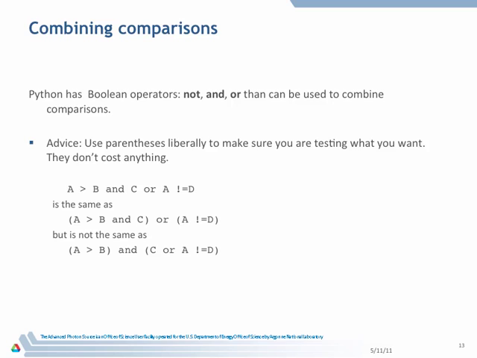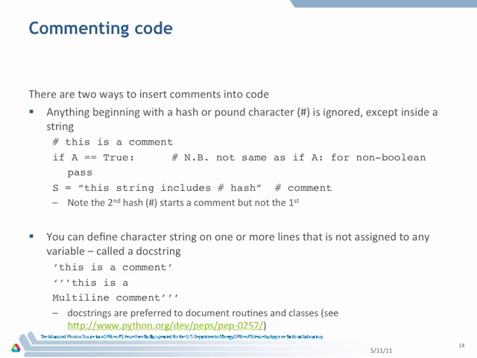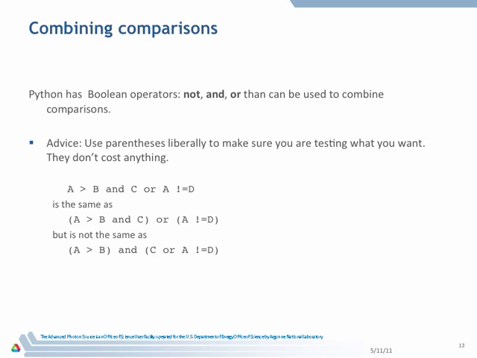Okay, and I recommend whenever you use multiple comparisons, use parentheses, because you might think that when you wrote this down that you want this, but you're not going to get it. It's going to evaluate this expression, then it's going to AND it with that, and then it will OR it with this. So they'll work out differently depending on what these things are.